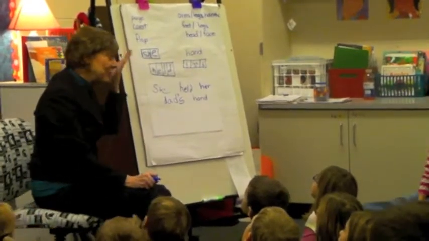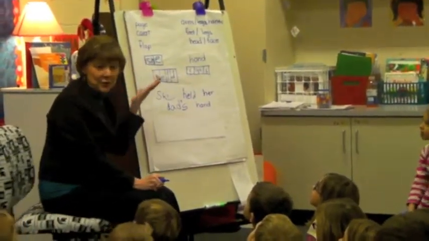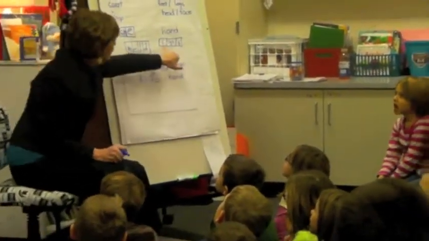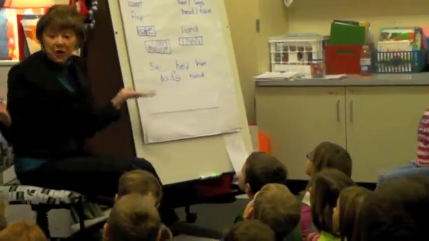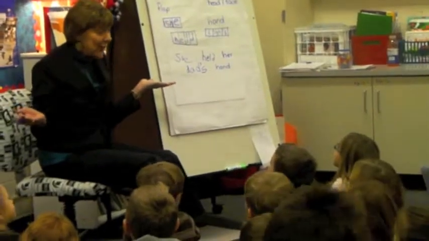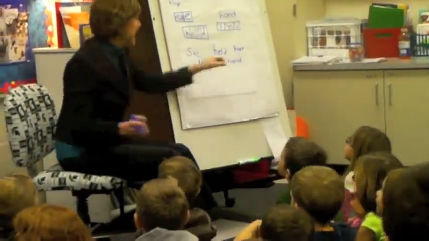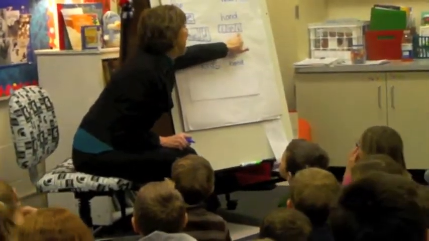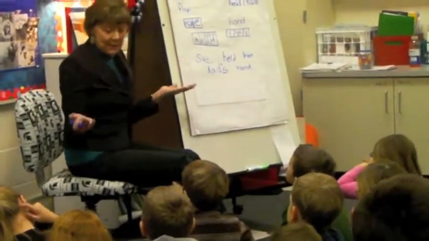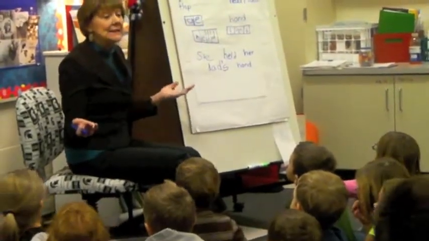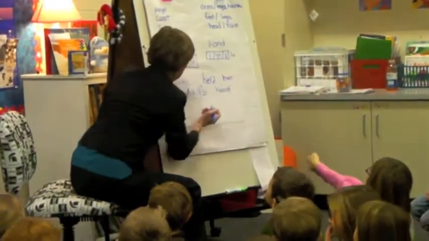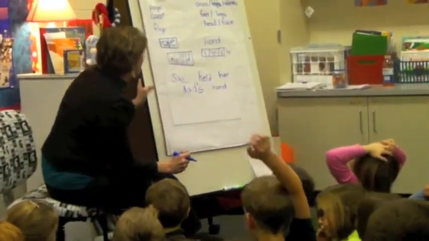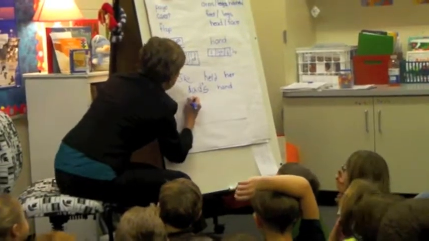And I just know that because I've been a good reader and I read aloud. So sometimes you're going to see the I-G-H and you're going to remember that it makes the sound I. So this says tight, but I want it tightly. So I'm going to add an L. She held her father's hand tightly.